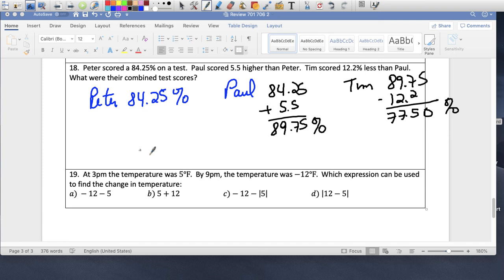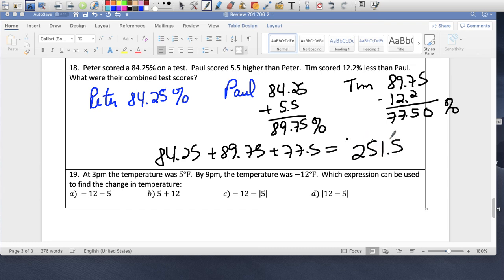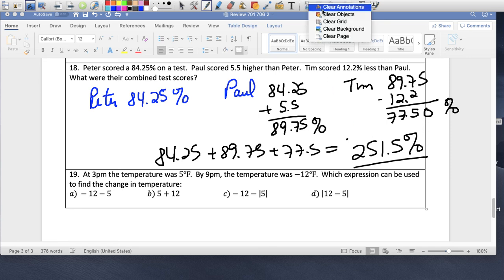So I'm going to add all three. 84.25 plus 89.75 plus 77.5 equals 251. I have no idea what's the point of adding the percents. But that would be the answer.